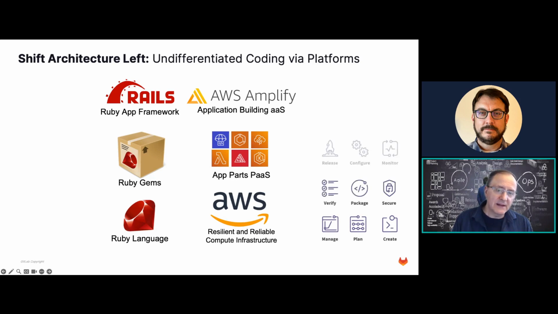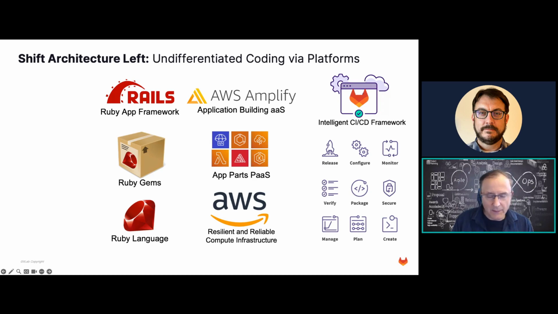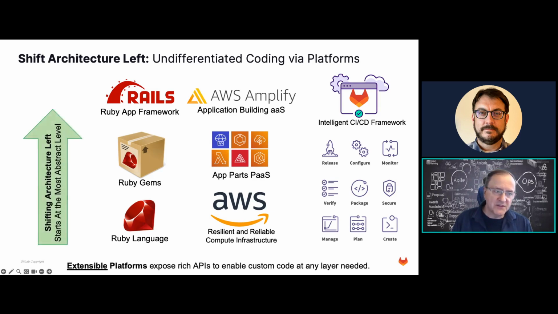Well, GitLab is taking this platforming approach in DevSecOps. So we build up a DevSecOps platform base, and then within that, we have additional platforming. CI/CD, we basically apply a platforming approach to CI/CD, to compliance, and to security. And this is all really about extending or shifting architecture left. Now, in this diagram, I have an arrow that's pointing up that says left.